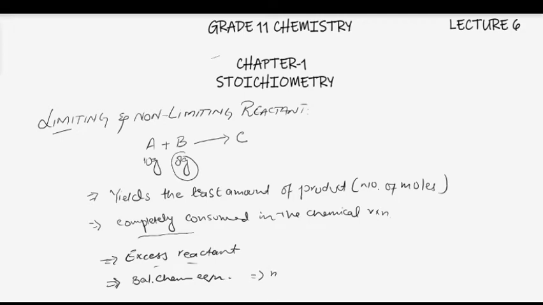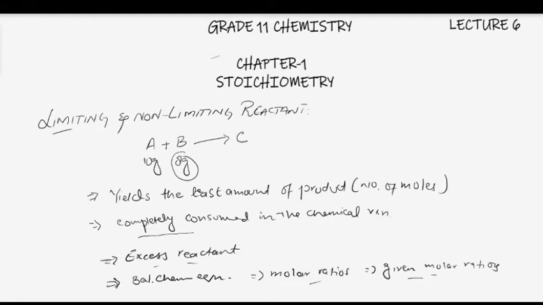Determine the molar ratios from the balanced chemical equation, and then find out what the molar ratios of the reactants given to us are. If the given amounts are exactly in the same molar ratio as can be seen from the balanced chemical equation, then we will not have any limiting or non-limiting reactant.